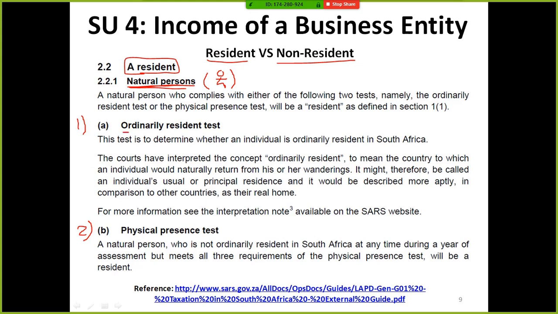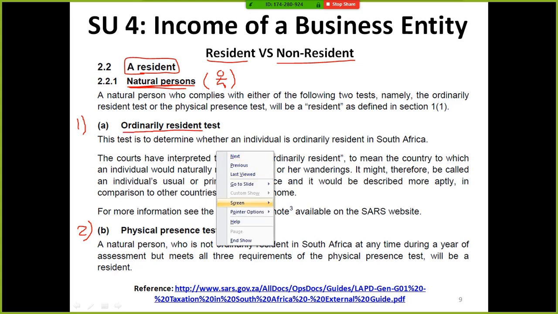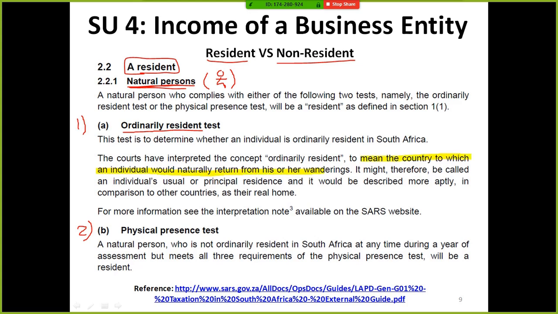Ordinarily resident means the country to which the individual would naturally return from his or her wanderings. So it doesn't matter where you go.